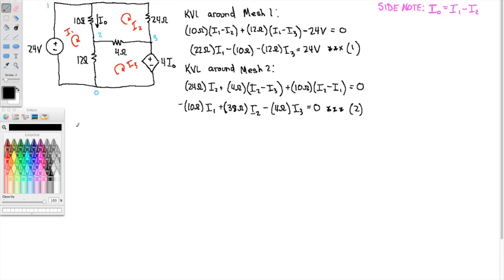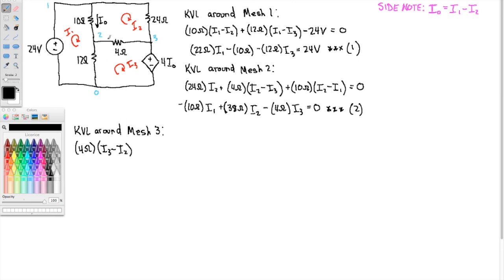Alright, now equation 3, so that's KVL around mesh 3. So this time we have the dependent source to deal with here. We'll start at the top left and work our way around. The first thing I get to is the 4 ohm resistor. The voltage drop across it is 4 ohms times I3 minus I2, since I'm going in the direction of I3 and I2 opposes me.